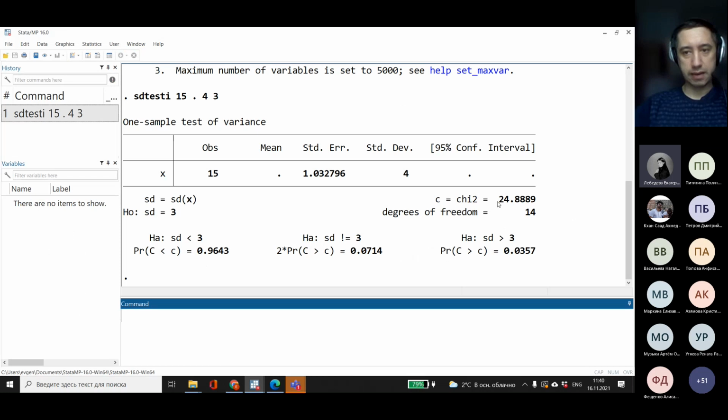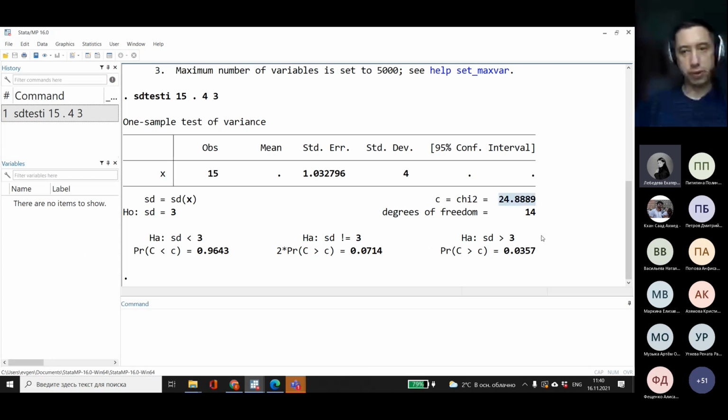And look what we have. Chi squared is exactly the same number, 24.89. Degrees of freedom, exactly the same, 14. And like any test in Stata, we have null hypothesis, reformulated using standard deviations, and the alternative hypothesis, which is this one from the task.